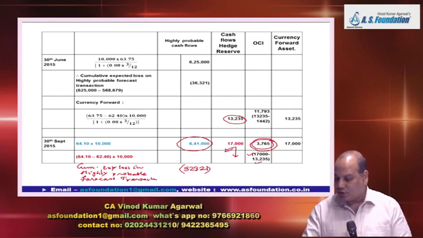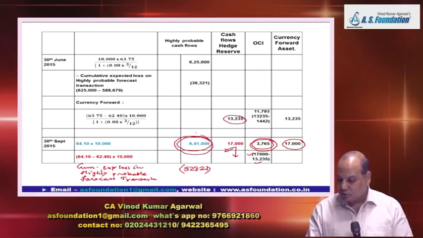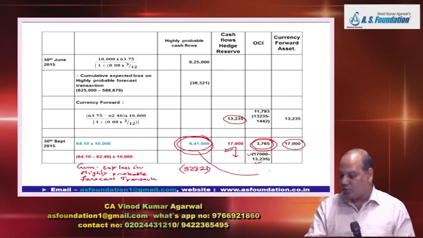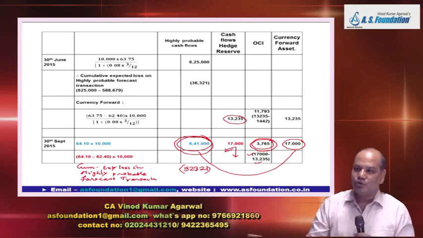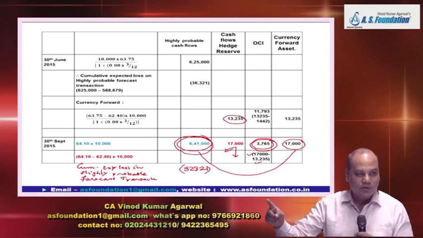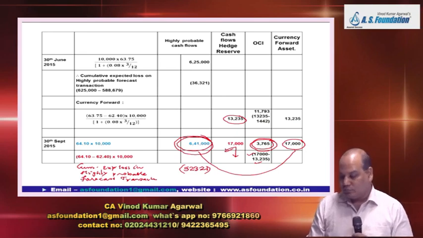After passing this entry, my asset account will have a balance of 17,000. Then I will receive 17,000 under the forward contract as a gain, and I will pay 6,41,000 to purchase the goods. So my net effect in the P&L account will be the difference between the two, because the 17,000 also I will transfer to P&L account. The day I recognize the purchase on 30th September, on the same day I will transfer the balance in OCI also to P&L account.